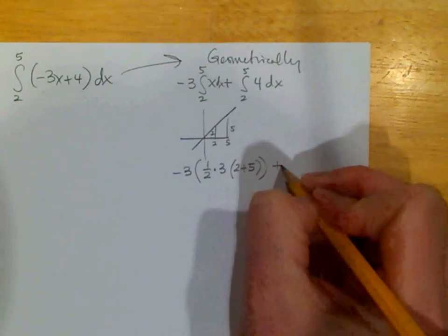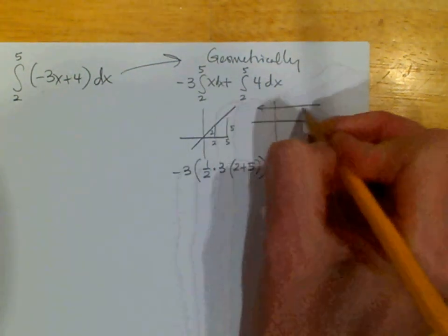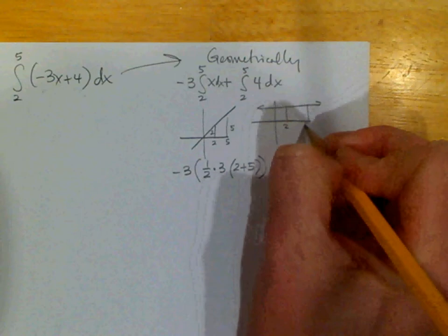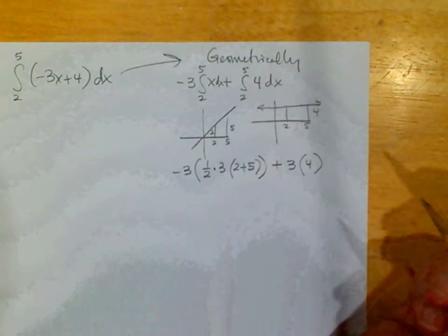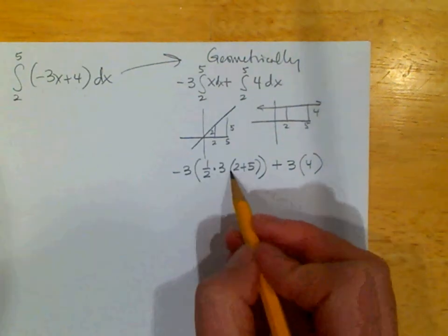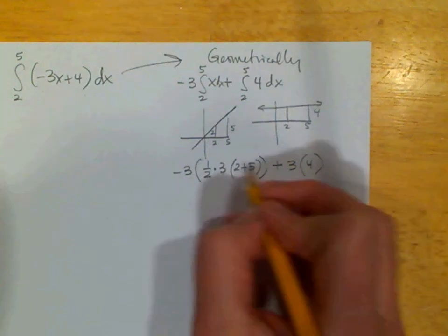Plus, I would add on the area underneath this 4 from 2 to 5, but that's just a rectangle whose area is 3 times 4. So if I multiply all this together, this will be 7.